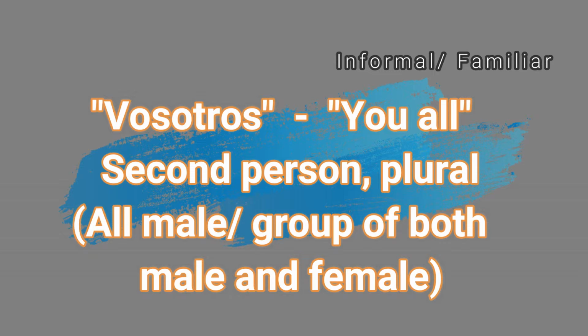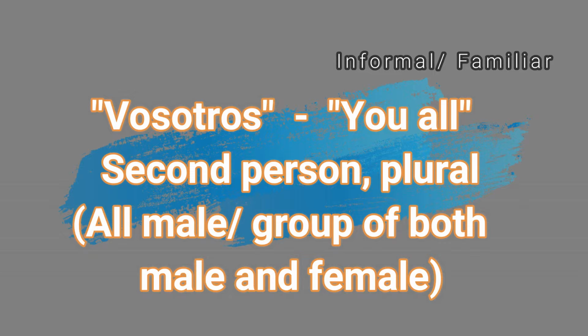It's second person plural. All male or a group of both male and female, right? So here it's more informal in terms of the persons, or you're speaking to a general group of persons that you're addressing, right? It's not polite. It's not formal, right?